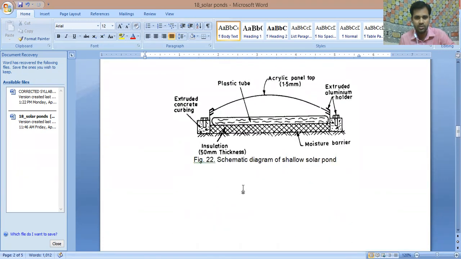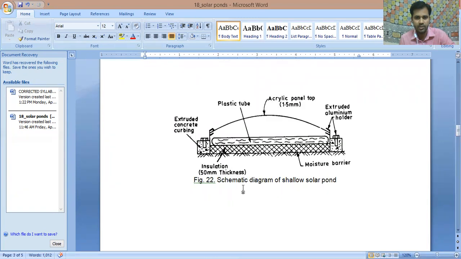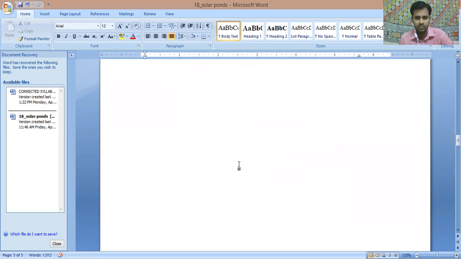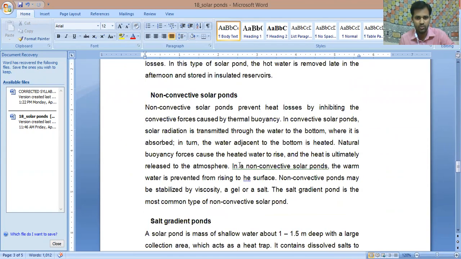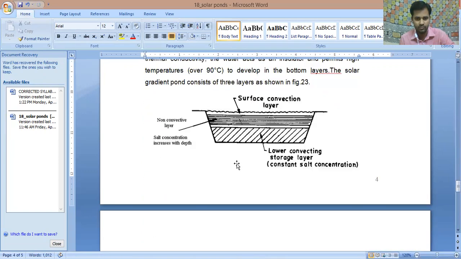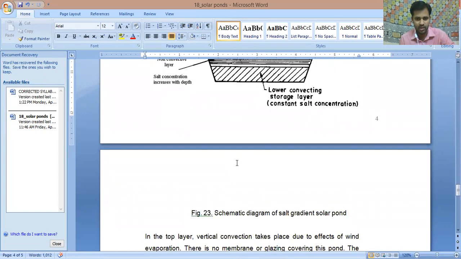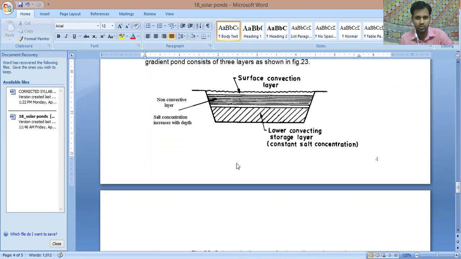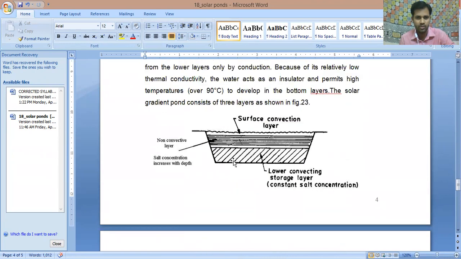And this is another schematic diagram of the shallow solar pond. Here is the insulation, here is the plastic tube, and this is the acrylic panel on top, which we have discussed. Next, this is the schematic diagram of the salt gradient solar pond.